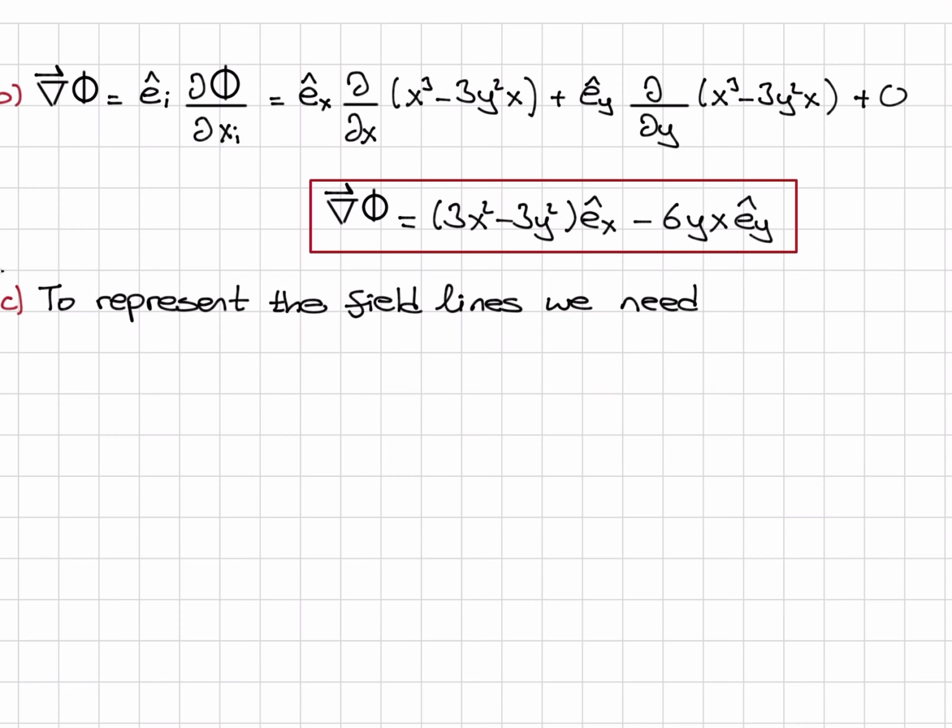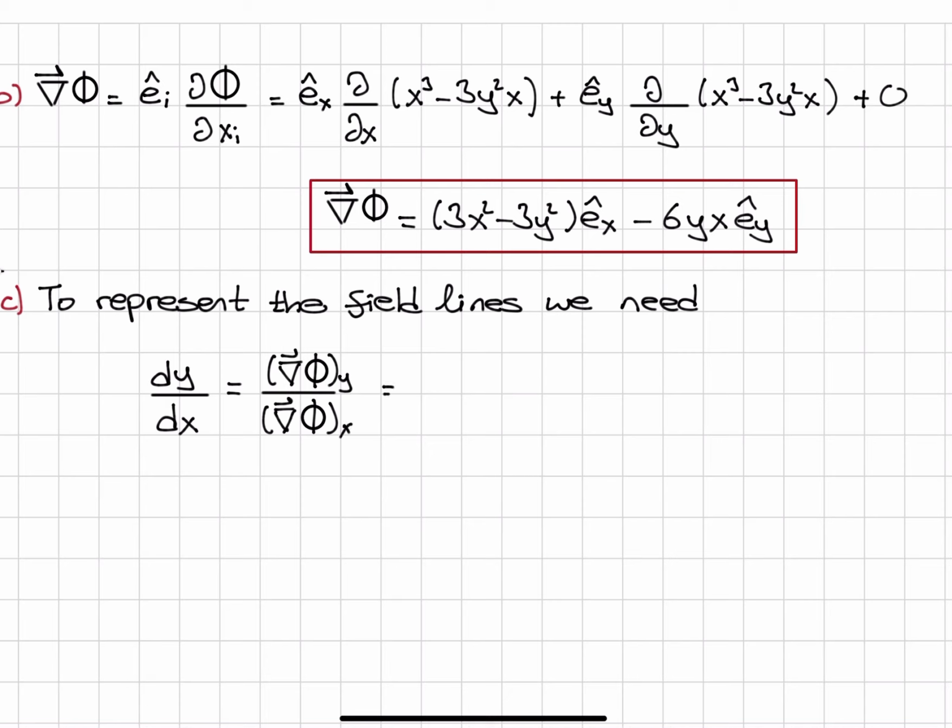For the field lines that we will draw, we have a requirement that the slope dy dx is equal to the gradient of phi's y component, divided by gradient of phi x component.